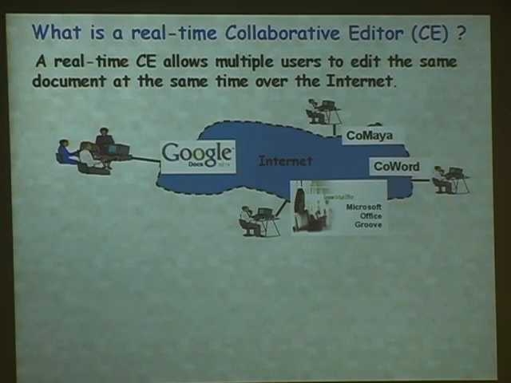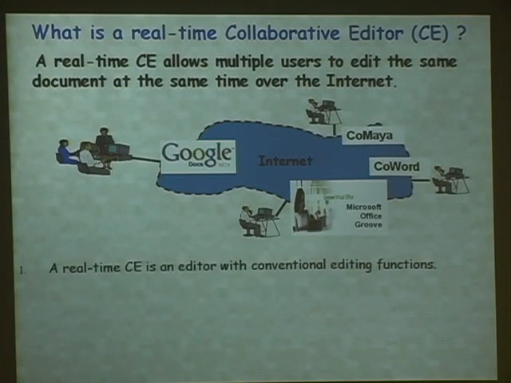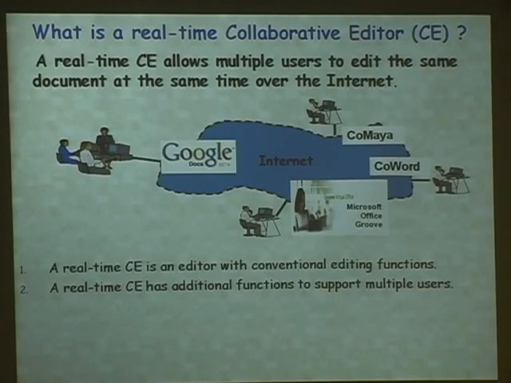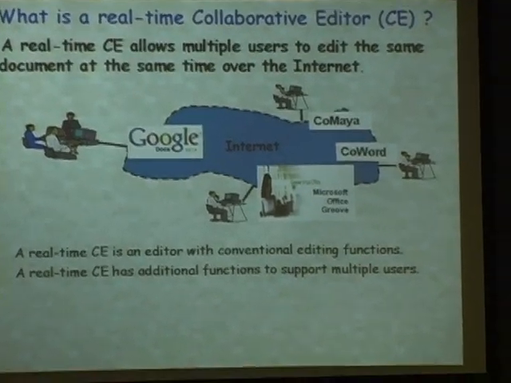For this general definition, we can have many different interpretations of what a real-time collaborative editor is. I want to elaborate the following points. A real-time collaborative editor is an editor which is no different from the ordinary editors you are using, with conventional functionality, still an editor. Secondly, a real-time collaborative editor is different from the editors you are using because it is able to support multiple users to edit the same documents at the same time.